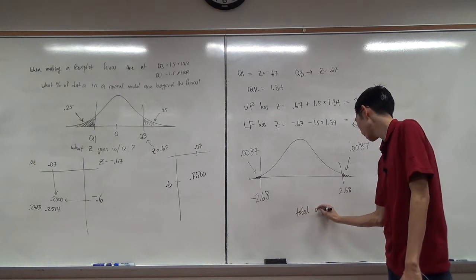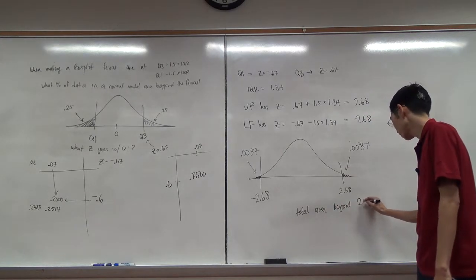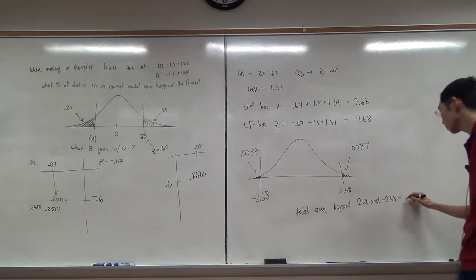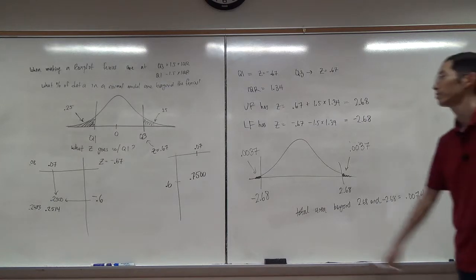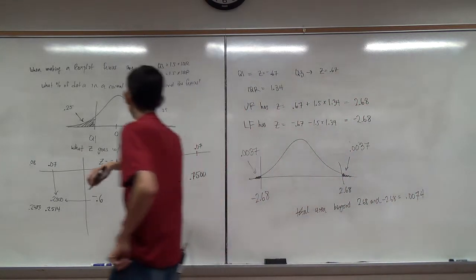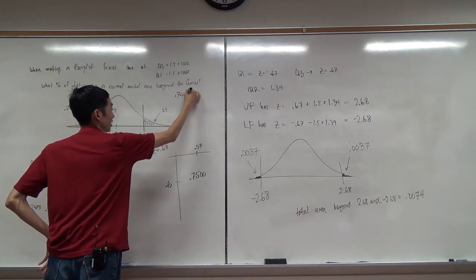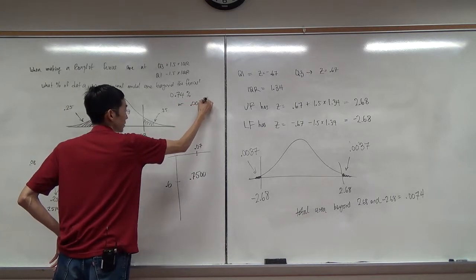The total area beyond 2.68 and minus 2.68 is equal to 0.0074. So what percentage of data in a normal model are beyond the fences? 0.74%, or 0.0074 as a proportion.